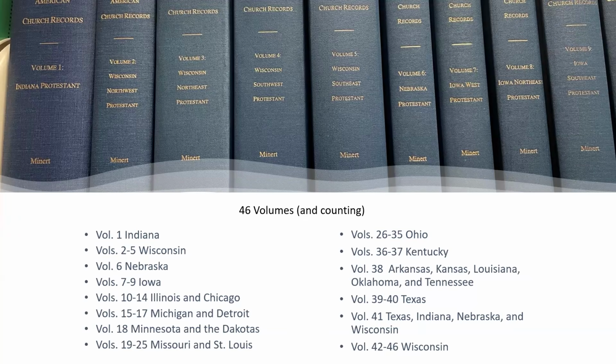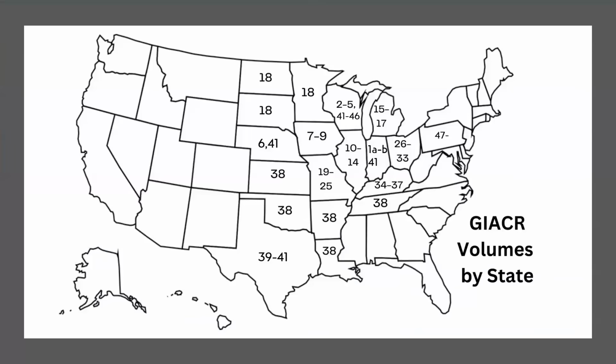And here is a map showing the distribution of these volumes by state. And here you get a sneak peek that our next upcoming volume, 47, will be for the state of Pennsylvania. And we expect to have multiple volumes published for Pennsylvania in the coming years.